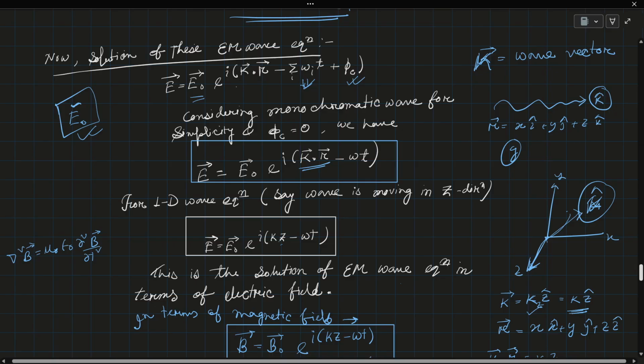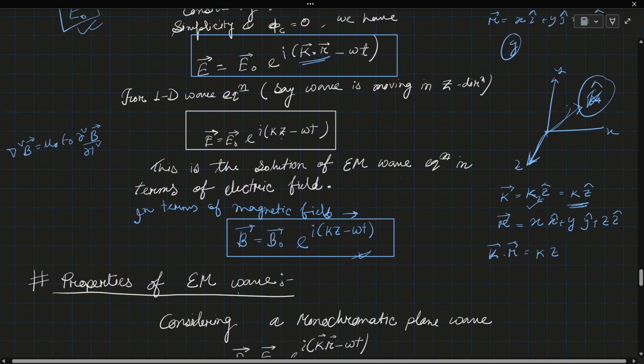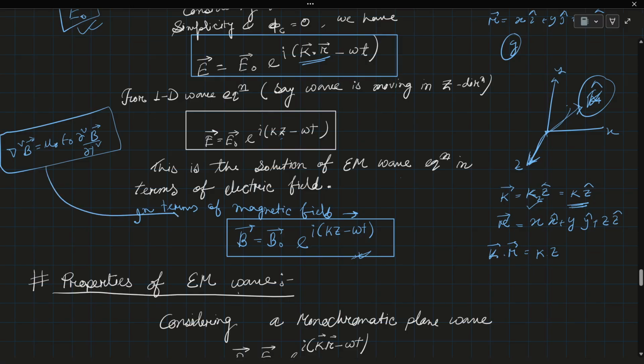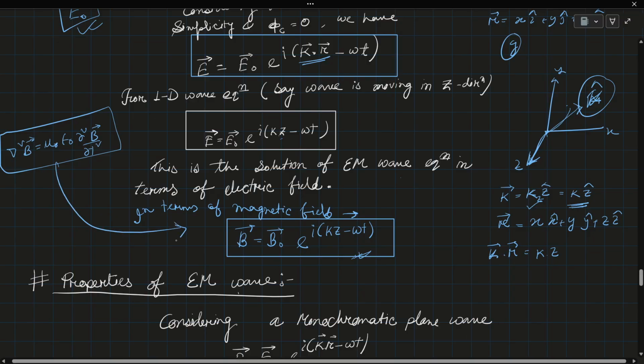And in terms of magnetic field, solving the other equation gives this. These two equations show how the electric field and magnetic field vary as the wave propagates in the z direction.